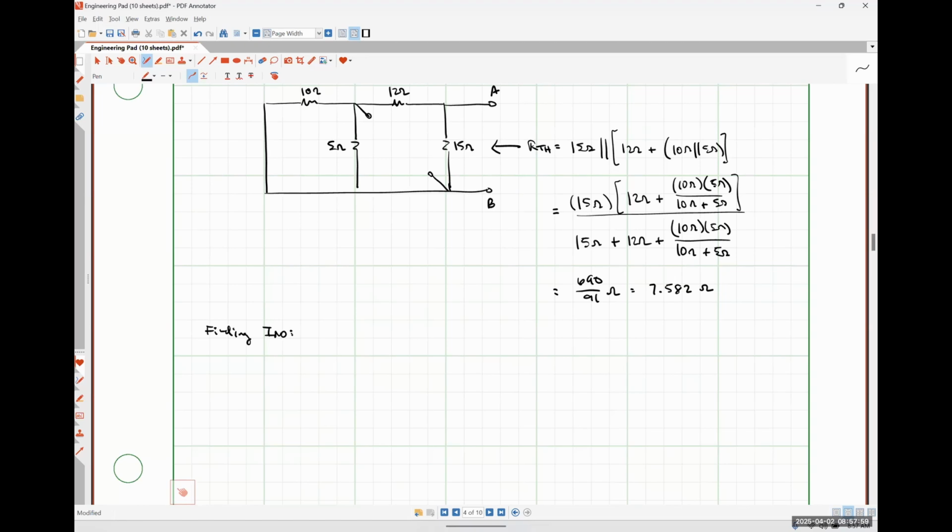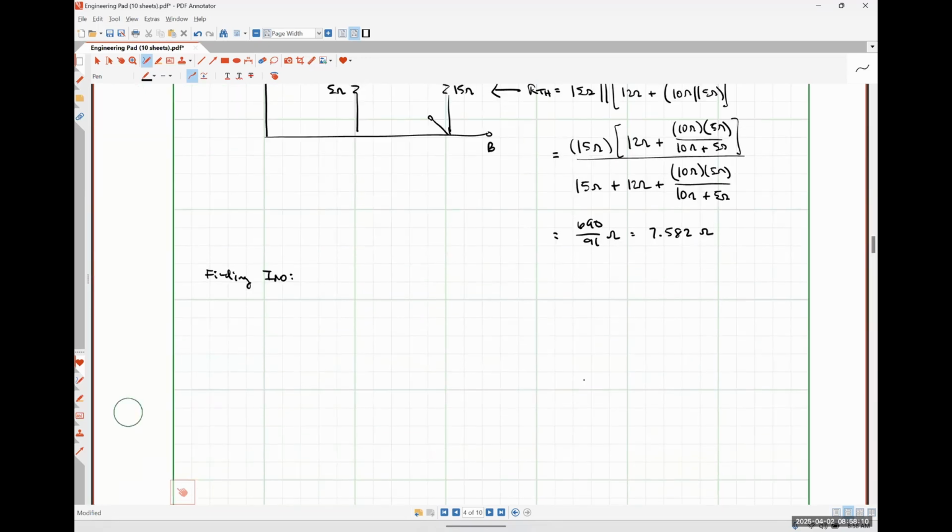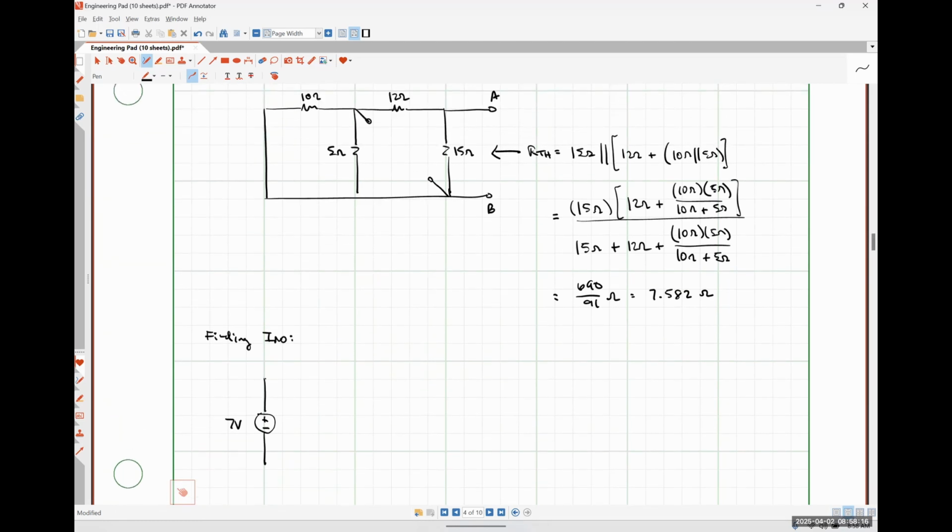So just to recap, to find our Norton current, we're simply going to short circuit our terminals and then figure out how much current is flowing through that short. So we've got our 7-volt source. Here's our 10 ohm resistor.